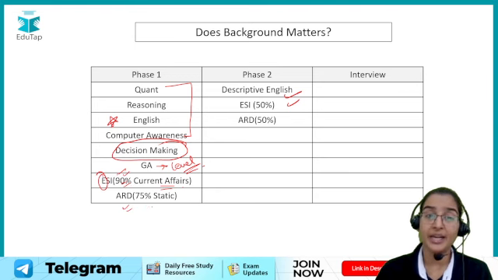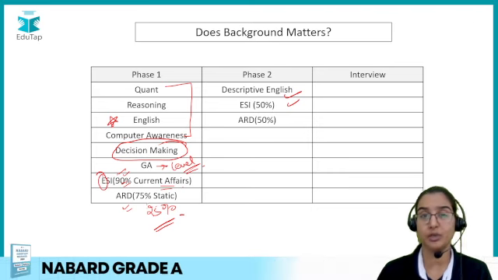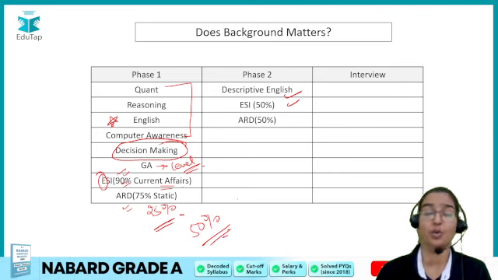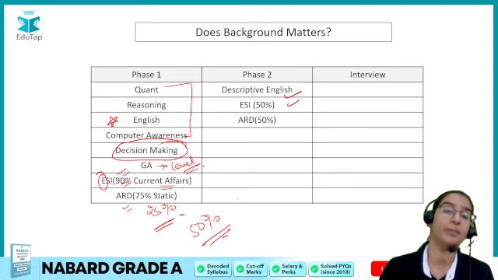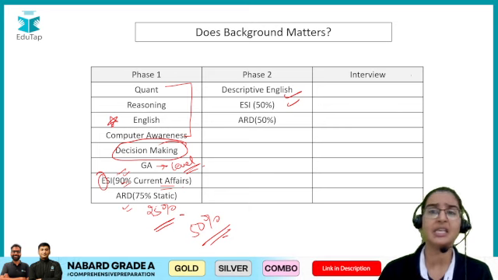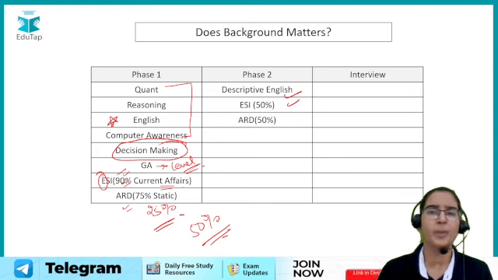Coming to ARD, around 25% of the ARD is current affairs, and out of the 70% static part also, around 50% of ARD is such that despite not having a background in ARD, you can manage to cover, right? And every year we see a lot of success stories where people from the engineering background or commerce background, arts background even, are able to clear this exam, right?